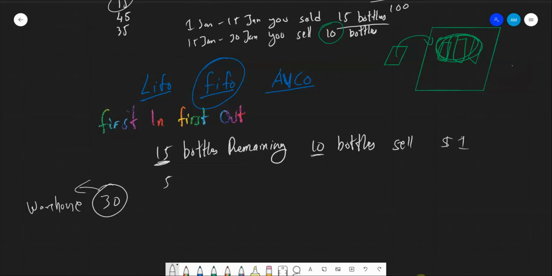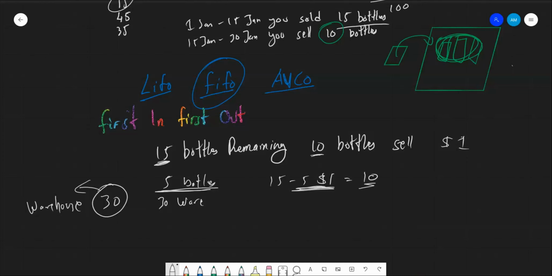Okay, so now we have 5 bottles remaining, and then we have 30 in the warehouse. So what do you do now? Let's say we sell another 15. Now how do we recognize the cost? These 5 bottles, we would deduct from here at $1, and we would measure them at $1.